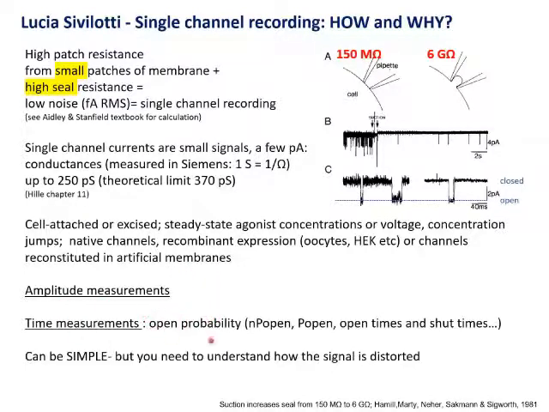The time measurements can be open probability or open and shut times. All of these measurements can be relatively simple, but you must understand how the signal is distorted by your apparatus and by the filtering that you have.